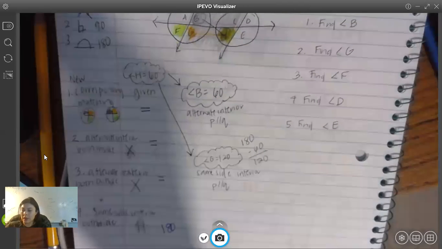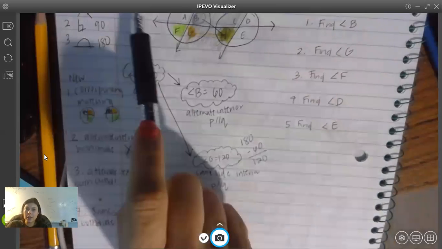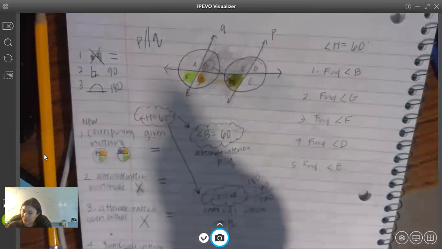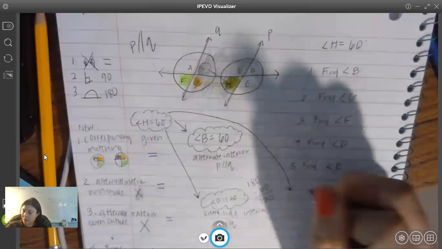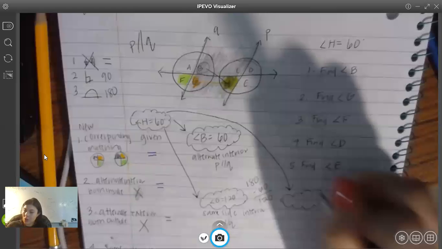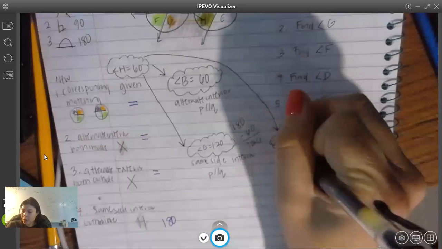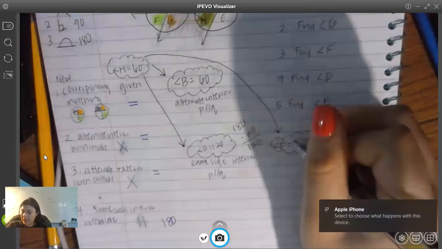They're corresponding, H and F. So because the lines are parallel, they're going to be the same, equal. So I'm going to draw an arrow from H. So angle F is how much, Brandon? Yes, perfect. They're the same. Very good.